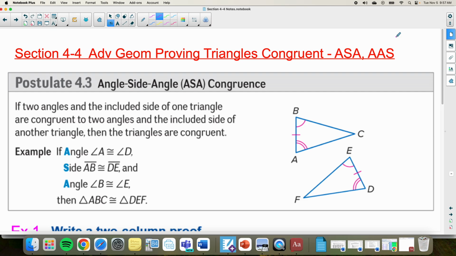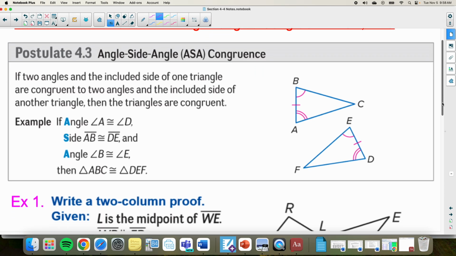So the first one of those that we're gonna talk about is angle, side, angle. And with this, one of the things you have to be really careful about is your side has to be right in between the angles.